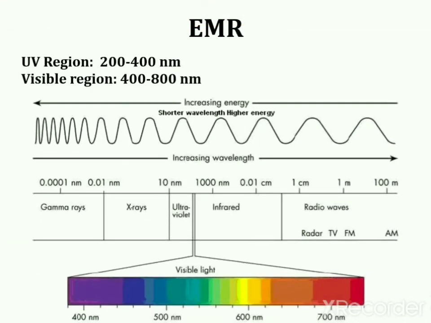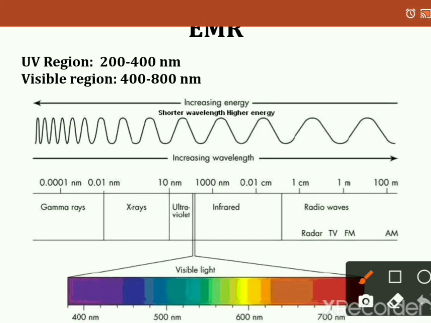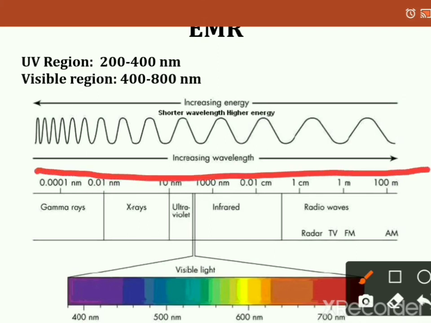Now, in this picture, you can see different regions of electromagnetic radiation. These regions are gamma rays, X-rays, ultraviolet rays, visible light, infrared, and radio waves. These regions are of different wavelength and different energy.